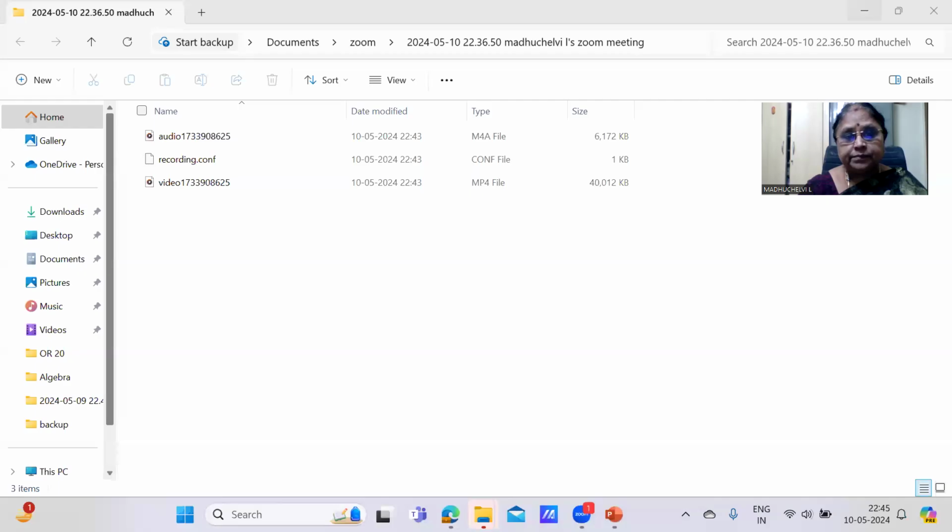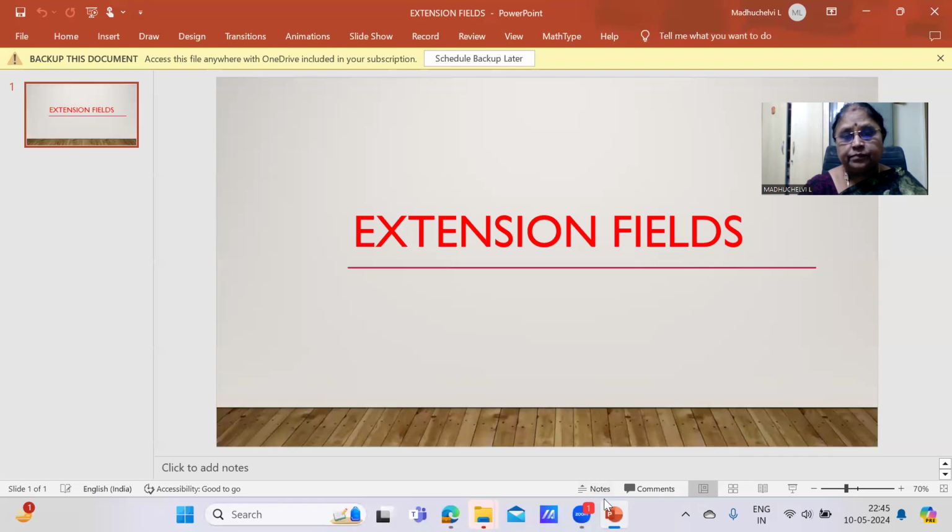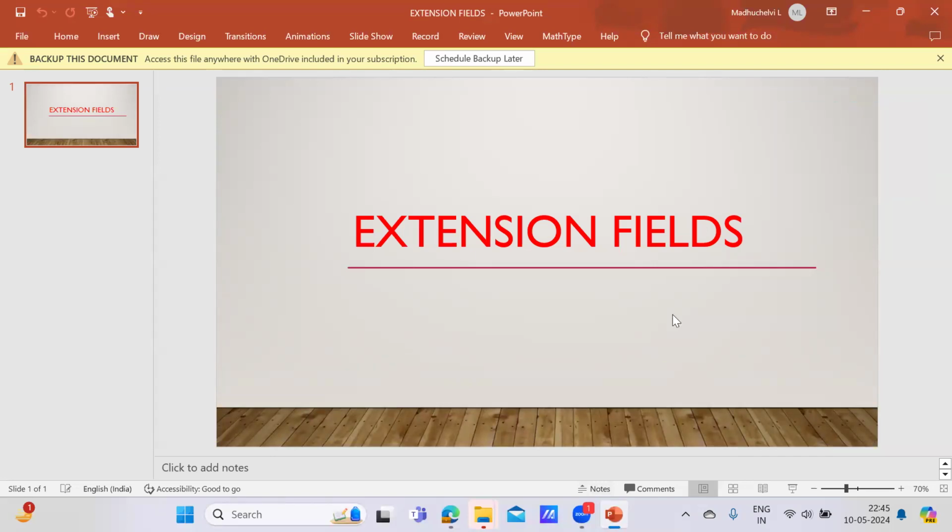In this session, we are going to discuss extension fields. Let us see first the definition of a field.